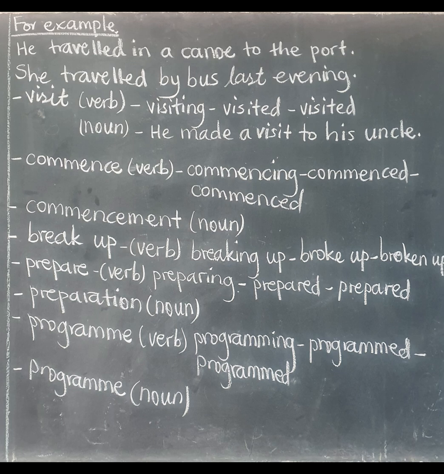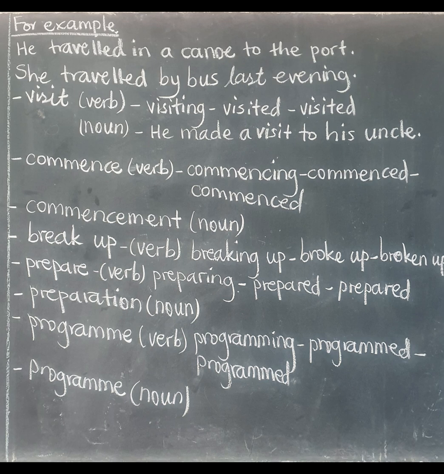Using those examples below, we have another vocabulary that is used under the topic school holidays. Visit. Visit is both a verb and a noun. Visit as a verb changes to its continuous tense by adding ing at the end of it to become visiting.